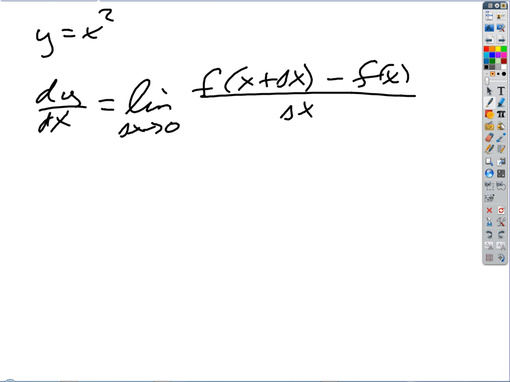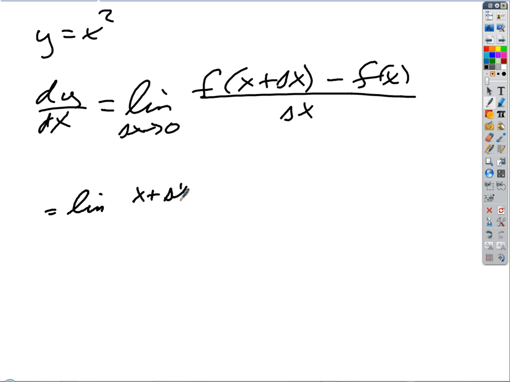What's that going to be for our specific function? If we've got f of x equals x squared, what's f of x plus delta x? x plus delta x squared. Right, so that's what we get from that guy. Minus x squared.